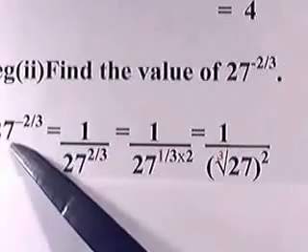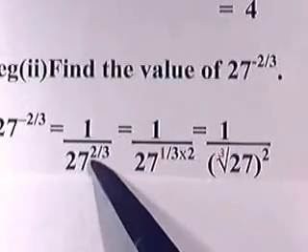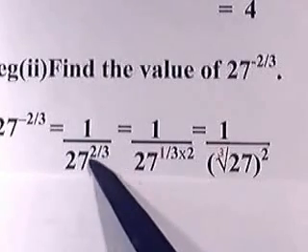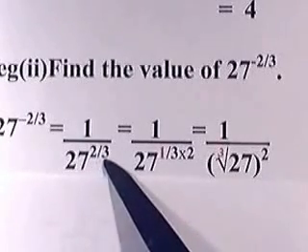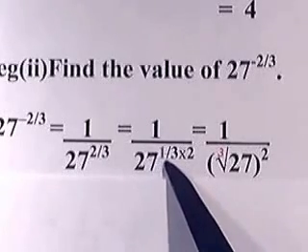So here we've got 27 to the power of minus 2/3 is the same as 1 over 27 to the power of plus 2/3.